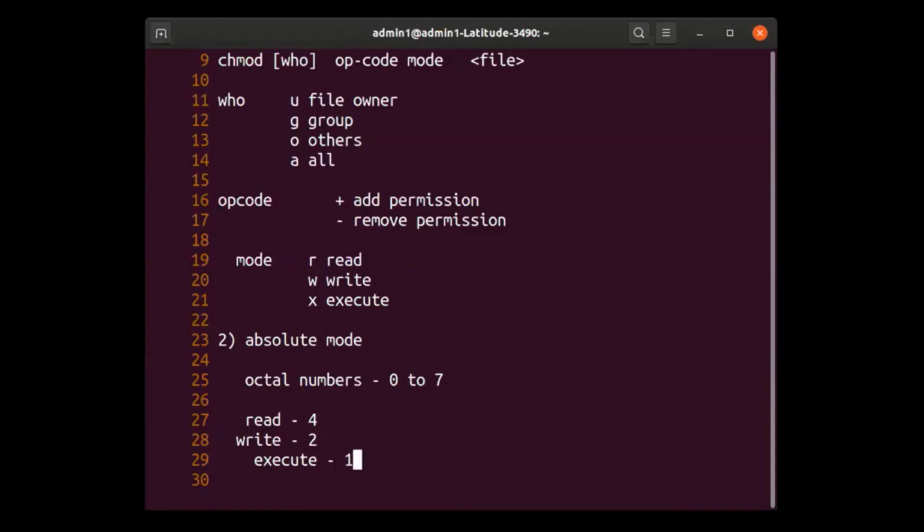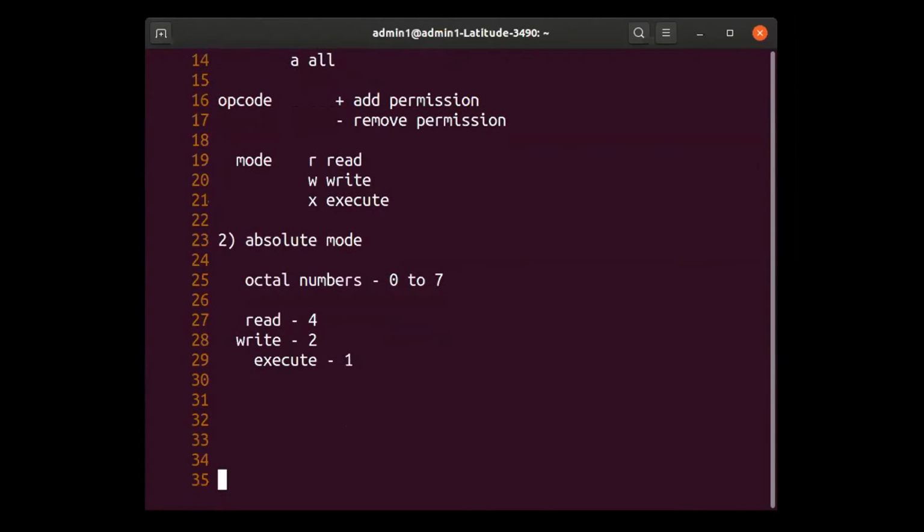Now comparatively, absolute mode is the simpler way of giving file permissions compared to the first one, which is called symbolic mode. Everything purely depends upon the octal numbers of the permissions that you want to give. Let us look at the syntax of the absolute mode.